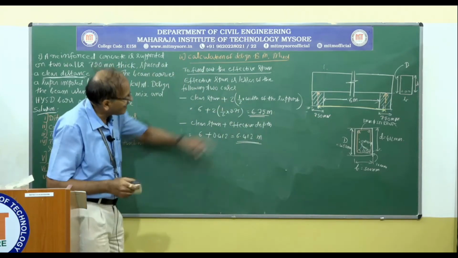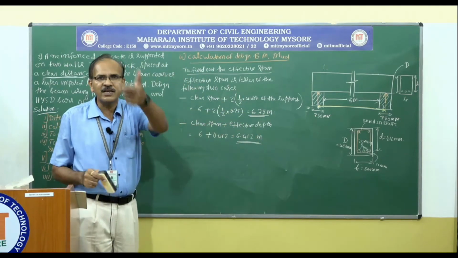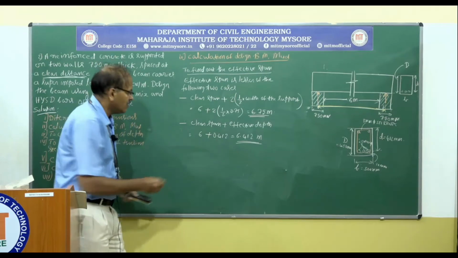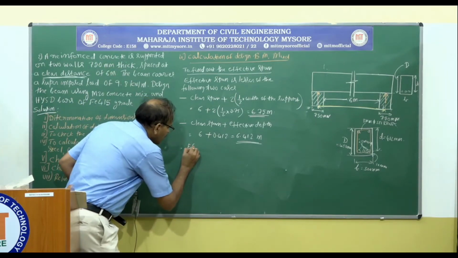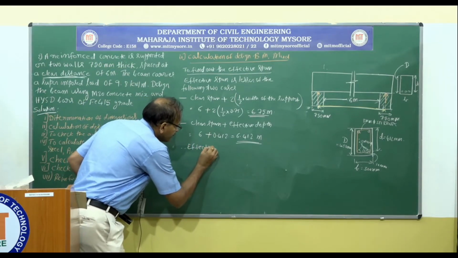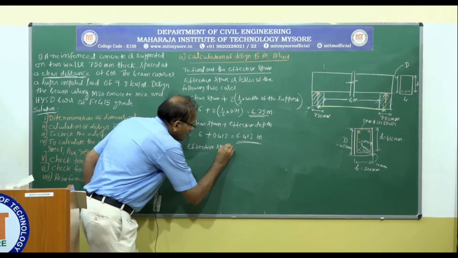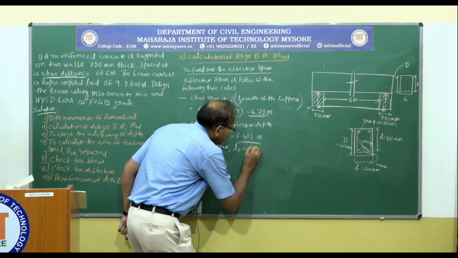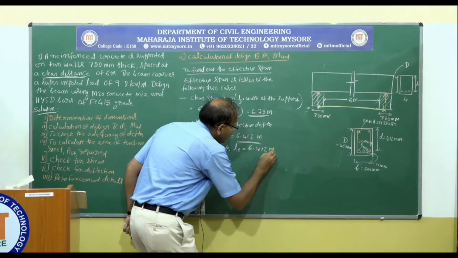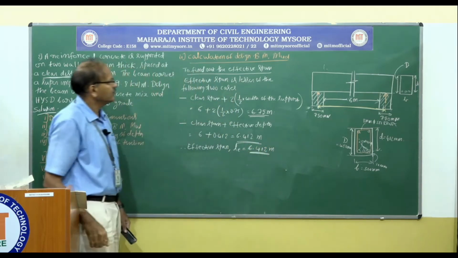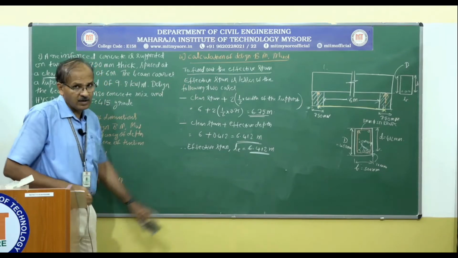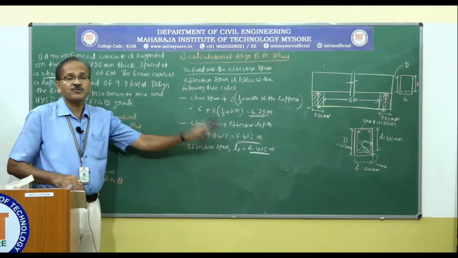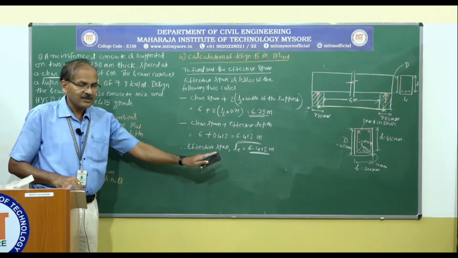The code says take lesser of those 2 values as the effective span. Therefore, effective span LE equal to 6.412 meter. Okay. So this is the effective span that is calculated.